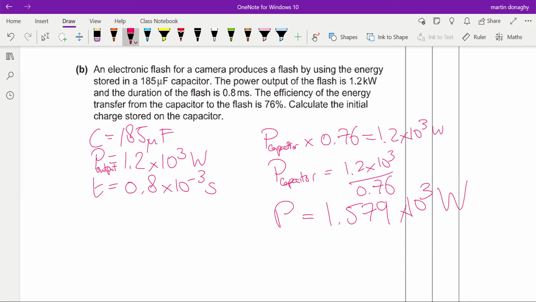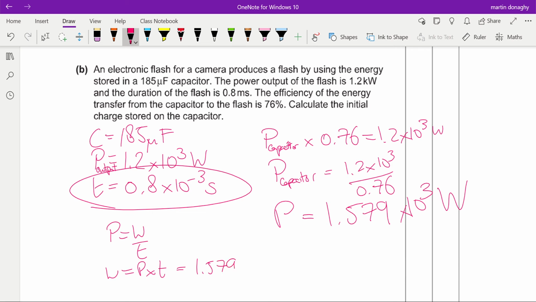But it tells us that this was 0.8 by 10 to the minus 3 seconds. So we can do power is work done divided by time. Work done is power times time, which is 1.579 by 10 to the 3 multiplied by the 0.8 by 10 to the minus 3, which gives us 1.26 joules.